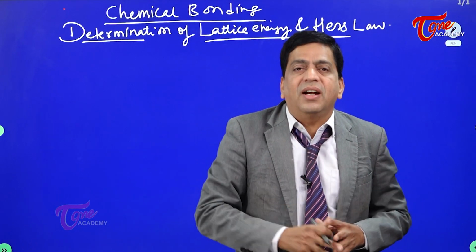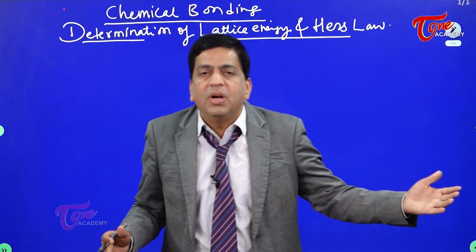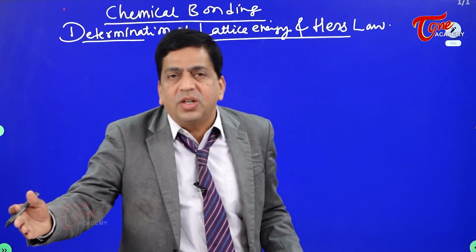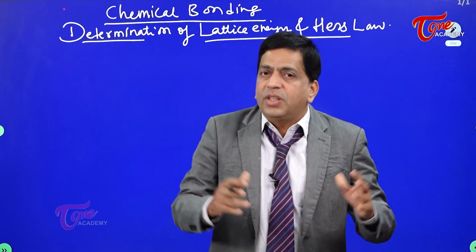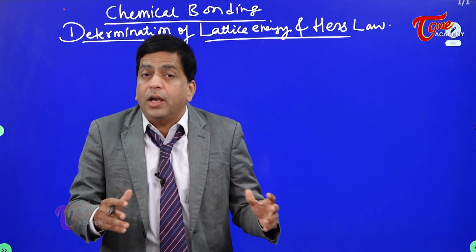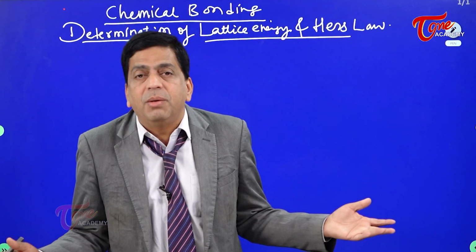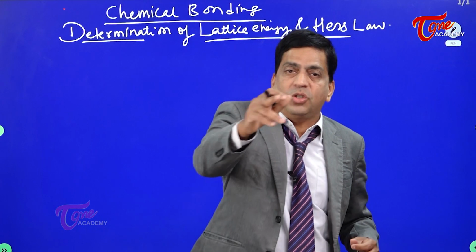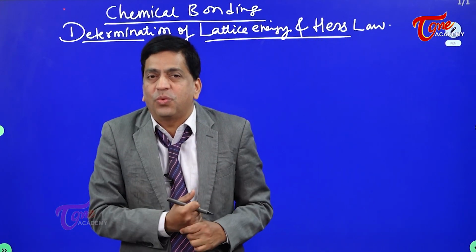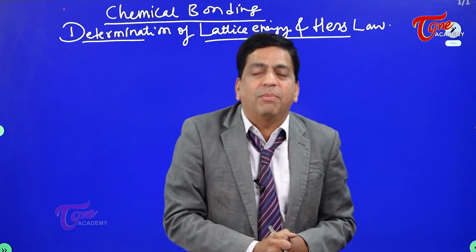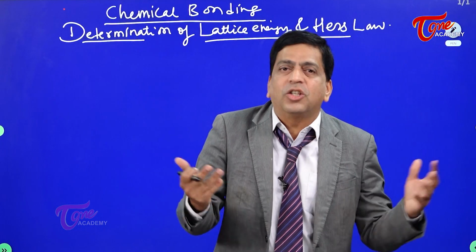If someone asks you why sodium chloride is face-centered cube and why potassium chloride is body-centered cube, you must be in a position to tell them that these positions occupied by the ions in an ionic compound are the positions where they experience minimum repulsions and maximum attractions. You must understand, and such a situation is when the system loses maximum energy.